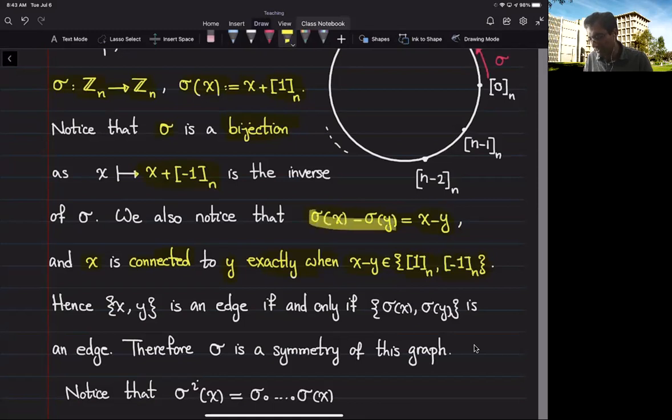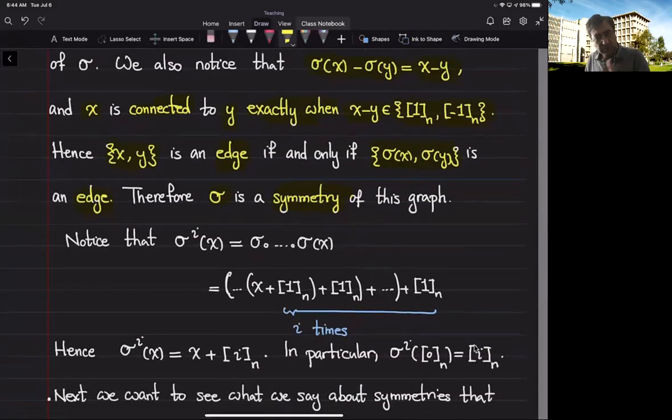If sigma of x minus sigma of y is inside this set, then so is x minus y. That means if x is connected to y, then sigma of x is connected to sigma of y, and if sigma of x is connected to sigma of y, then x is connected to y. That's exactly what we needed for sigma to be a symmetry of this graph. So sigma is indeed a symmetry of the n cycle graph.